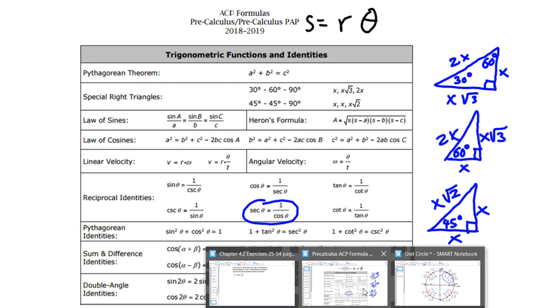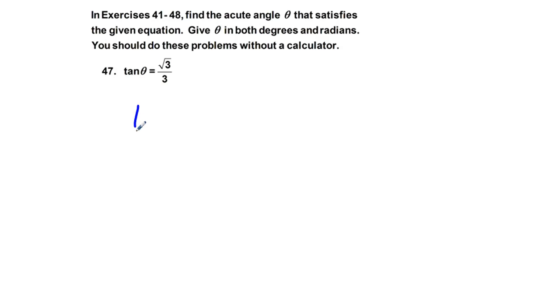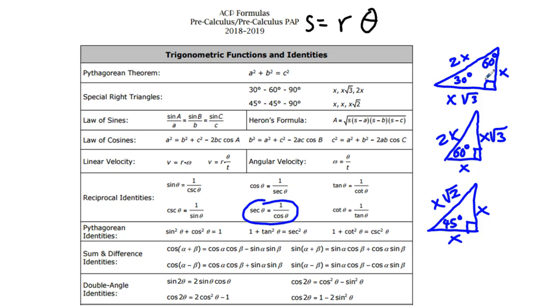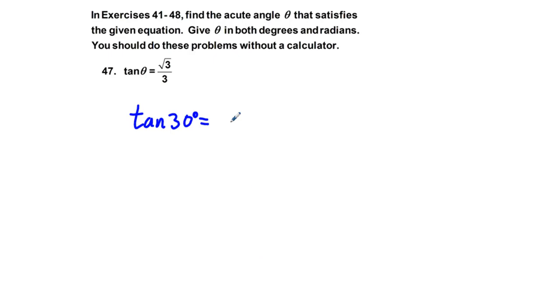So we say tangent 30 degrees is equal to, again, looking at the triangle, x over x square root of 3. So that cancels out, so we have 1 over square root of 3.